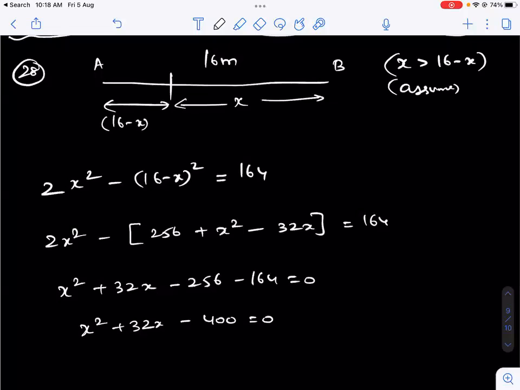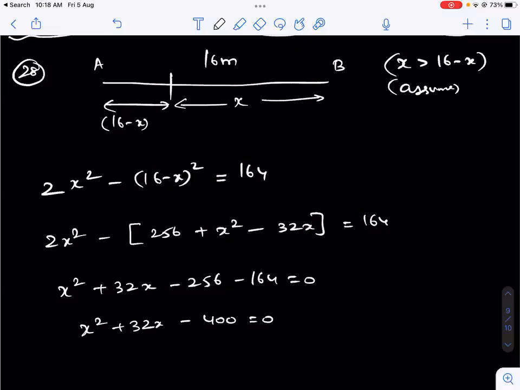But none of the options are matching. So what is 256 minus 164? Check what is 256 minus 164. 92. 92 also, none of the options are matching.